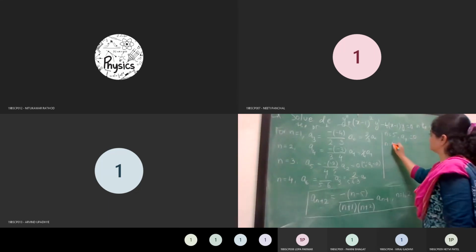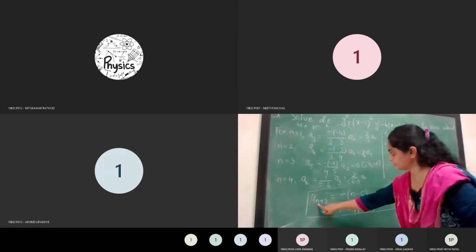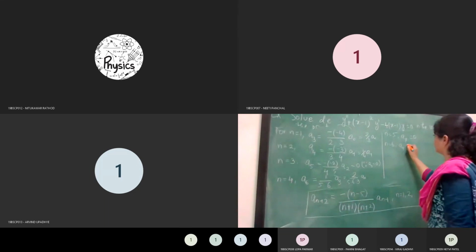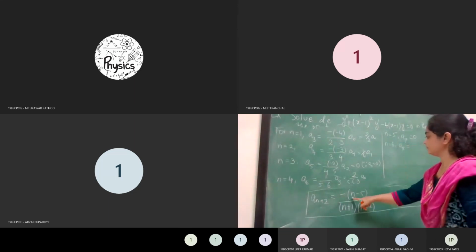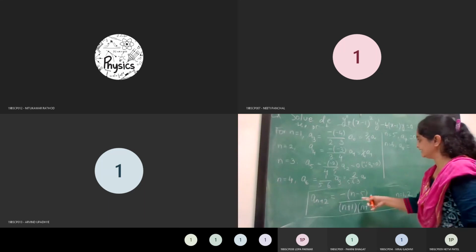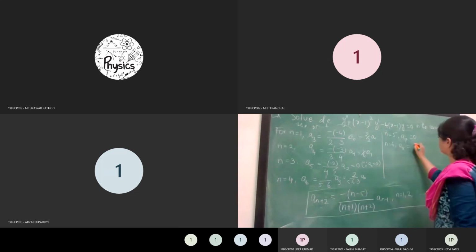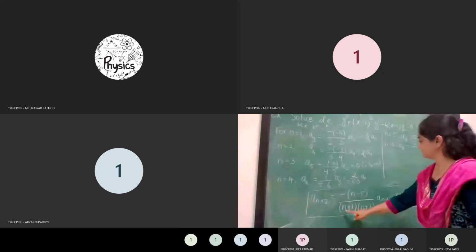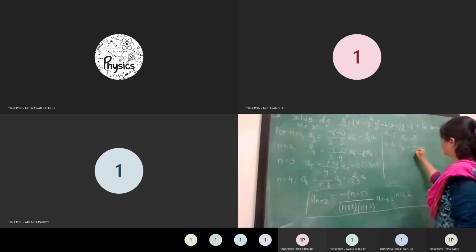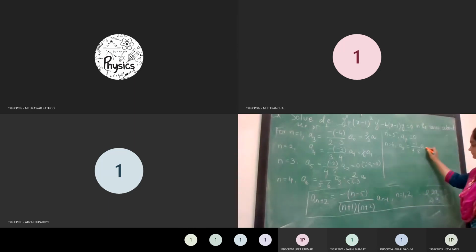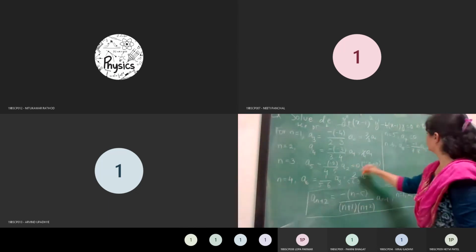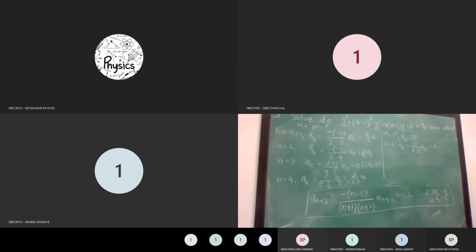Then n is equal to 6, that means this is a8. a8 means it is 6 minus 5, so now you have the coefficient with the negative sign. So minus 1 upon 6 plus 1, 7, 6 plus 2, 8 into a 6 minus 1, a5. But where is a5? This one. a5 is 0, so this is also 0.